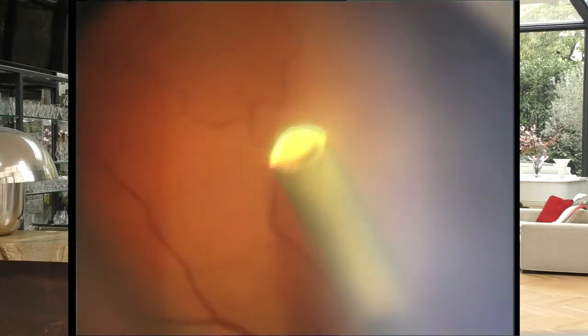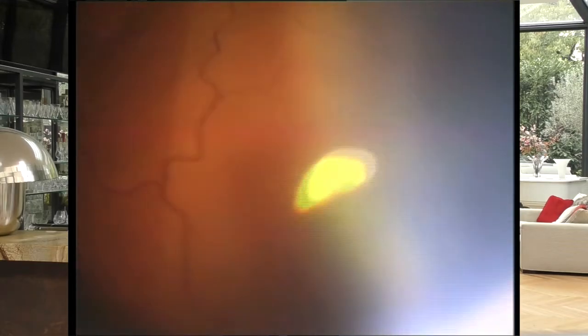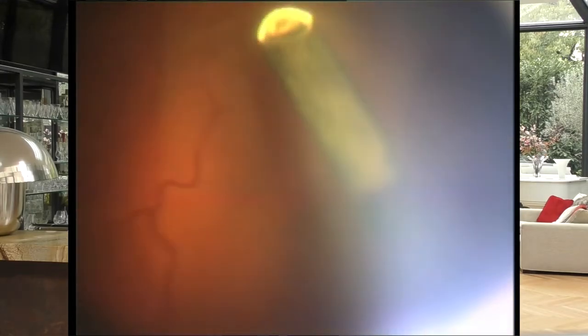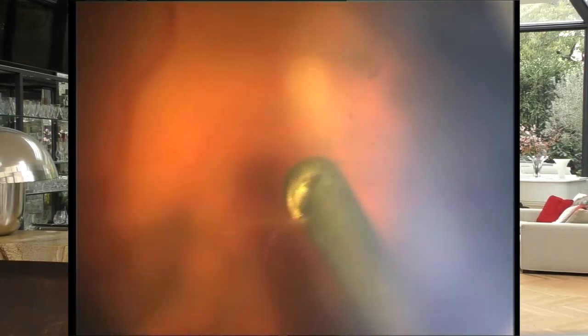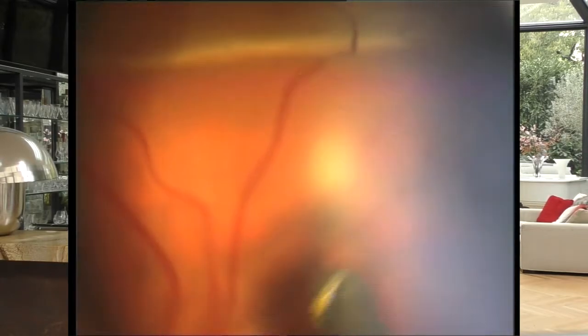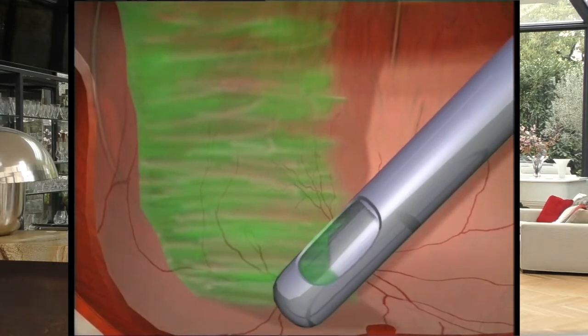On the contrary, with a low aspiration flow and no cutting, we are able to detach this cortex. High-speed cutting permits a very secure but very incomplete vitrectomy to be carried out, since it only allows one to cut the extremities of the fibers.